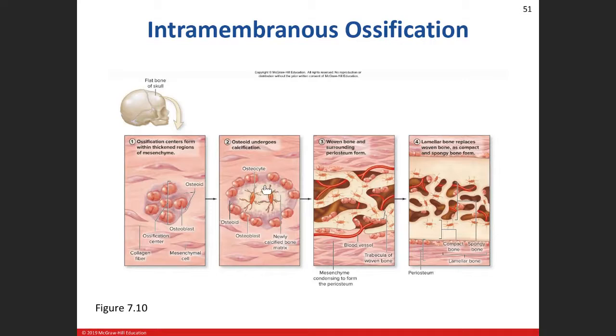Calcium finds its way there, causes the matrix to harden, and those cells get trapped, and they convert into osteocytes. Now this is happening all over the place in those flat bones, in your mandible, in the middle part of your clavicle. So this is going on just randomly. So we're starting to see the formation of our bone tissue here.